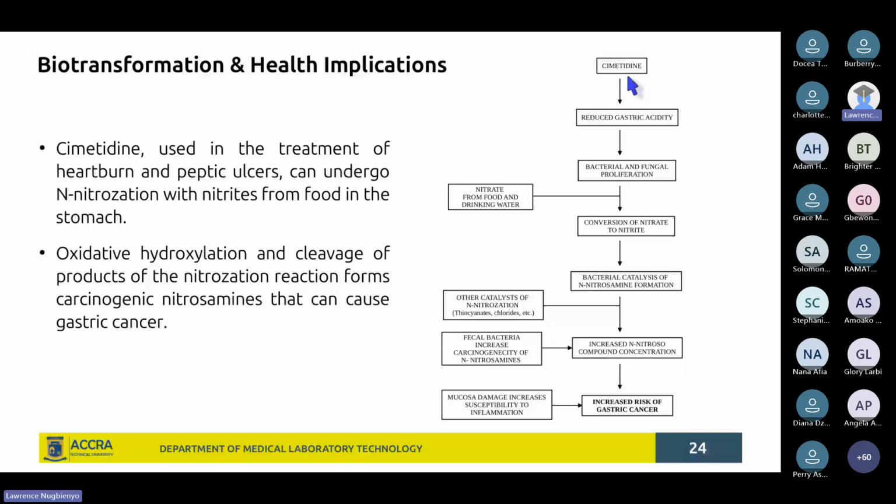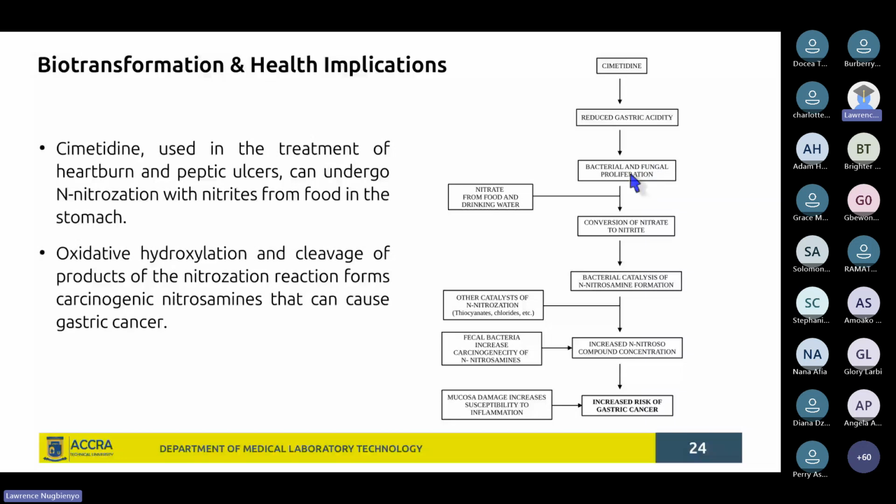But when it's taken, it has some side effects. That's when it reduces gastric acidity. What happens is that it can create conditions for bacteria and fungi in the gut to undergo more proliferation.